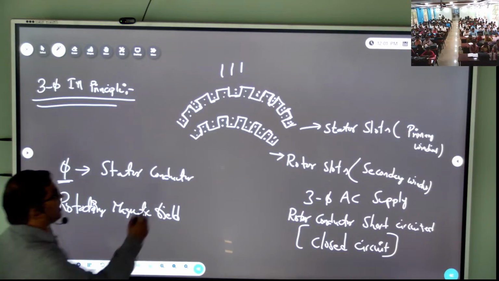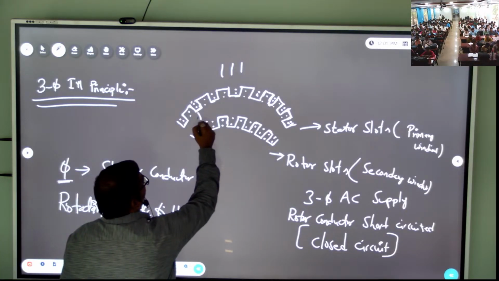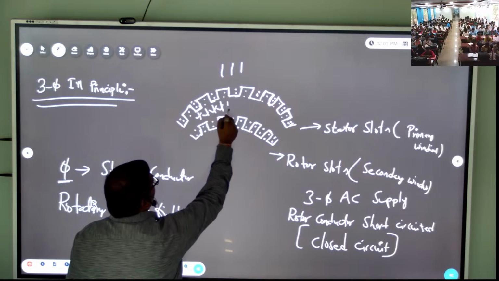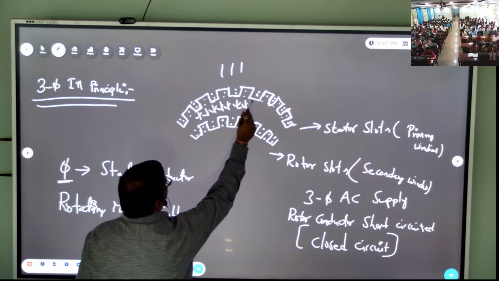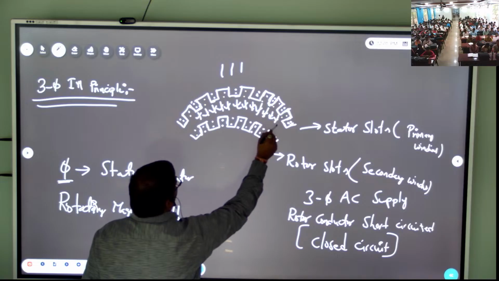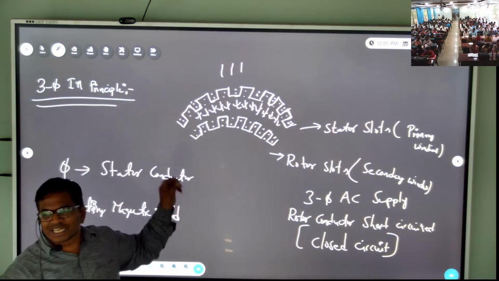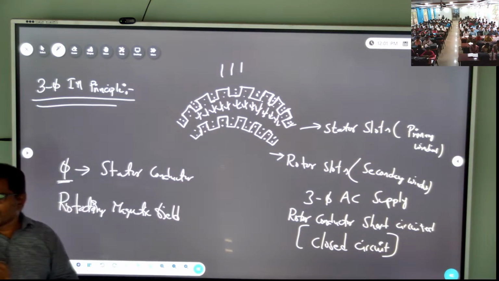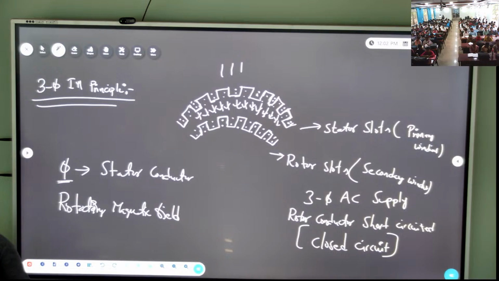So here there is a magnetic field now, because of the current available in the stator conductors. Whenever we give AC supply to the stationary conductors of the stator of the induction motor, a flux is established in the stator conductors.